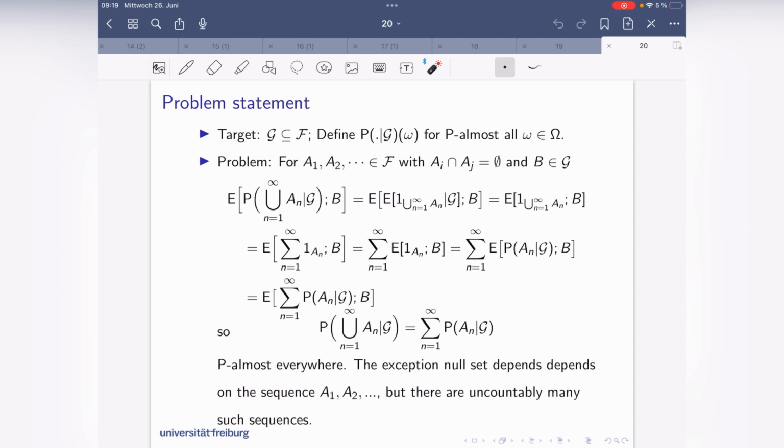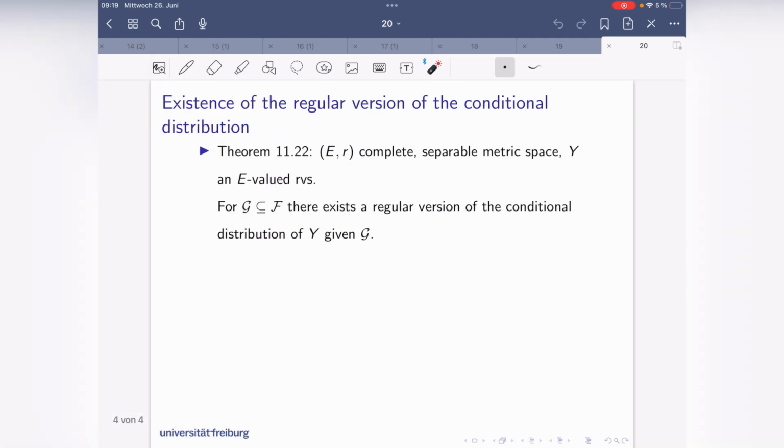That was not clear here, but on nice spaces, which are again complete separable metric spaces, I can do this and I can have the regular version of the conditional distribution of Y given G.